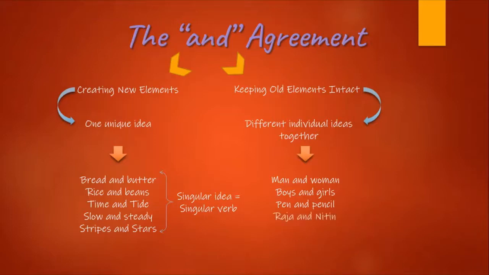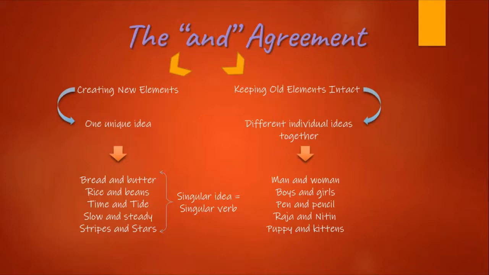Next, we have, for example, nouns, Raja and Nitin. When Raja and Nitin come together, they remain Raja and Nitin only. They don't become one single person. Or for example, say puppy and kittens. Puppy is one, kittens are many. But when you bring them together, they remain. Puppy remains puppy, kittens remain kittens. Puppy doesn't become kitten, nor do kittens become puppies.